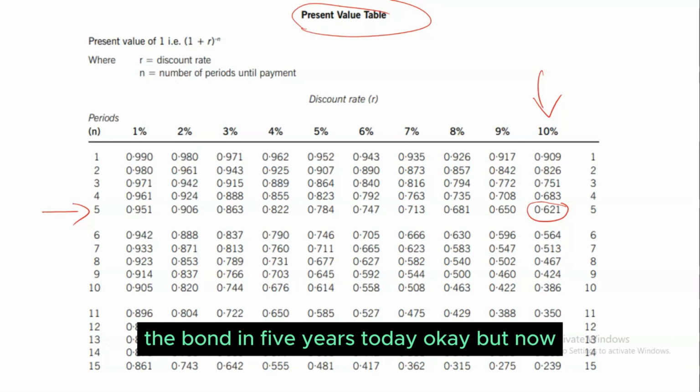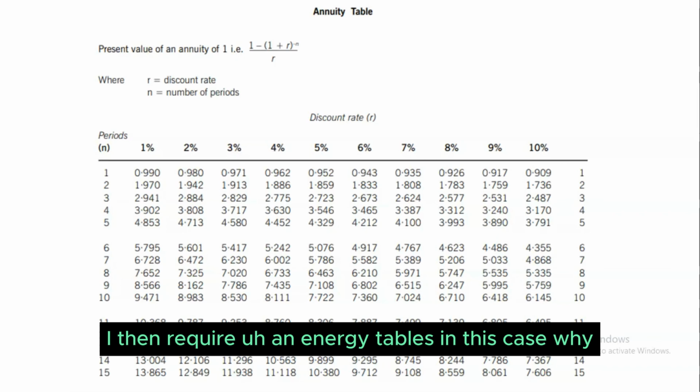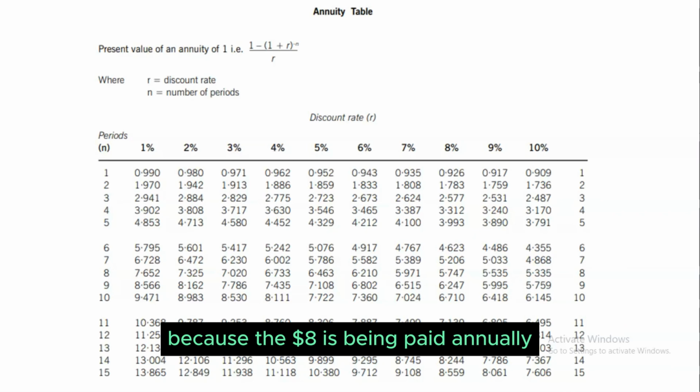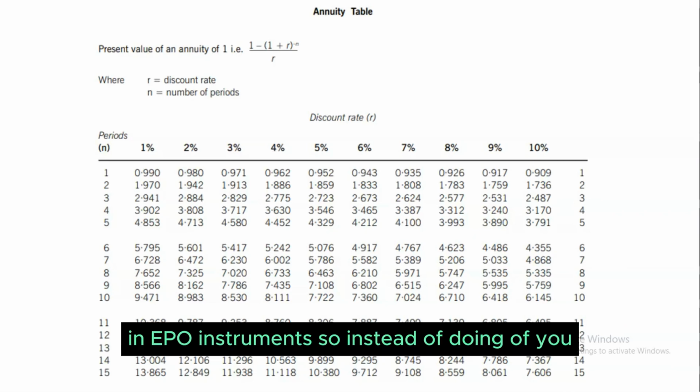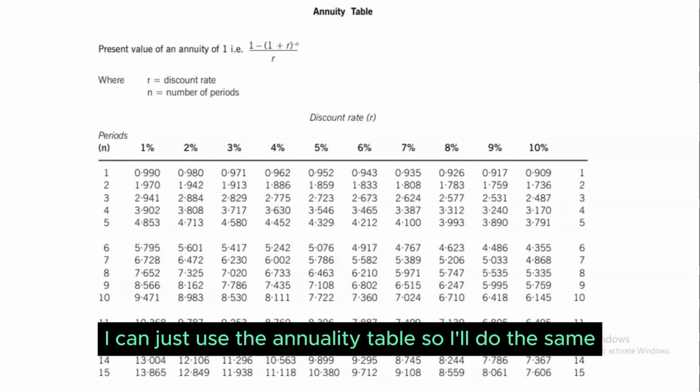But now I require annuity tables in this case. Why? Because the $8 is being paid annually in equal installments. So instead of calculating the present values for each year, I can just use the annuity table.